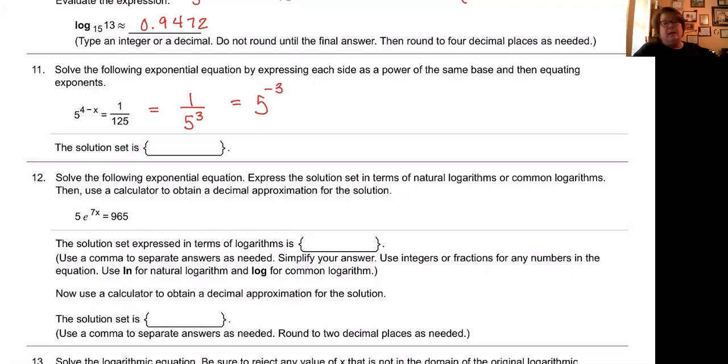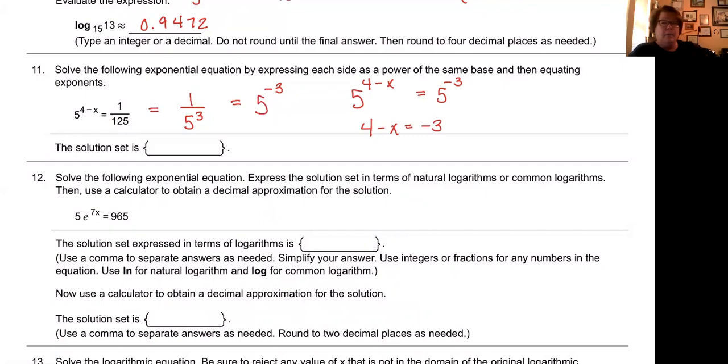That minus sign in the exponent means to take the reciprocal of that value. All right, so now that I have the bases matched, I have 5 to the 4 minus x equals 5 to the minus 3. Once the bases are matched, I can set the exponents equal to each other. So 4 minus x equals negative 3, and then solve for x.